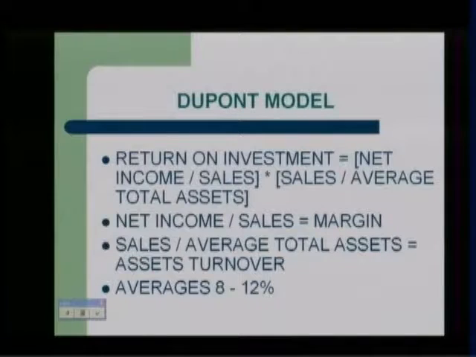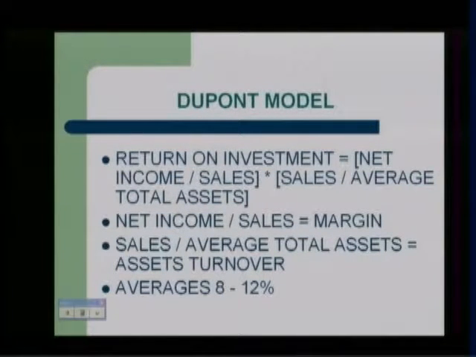Net income over sales is something we're going to call the margin. So think about what you do when you take net income over sales. Sales is all the revenues you've generated. Of those revenues you've generated, how much do you get to keep as net income? That's what that margin tells you. What percent of your sales is actually going to come into your pocket as net income? Now look at that second factor, sales over average total assets.